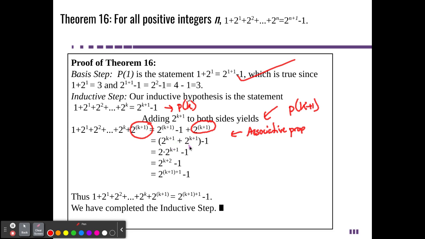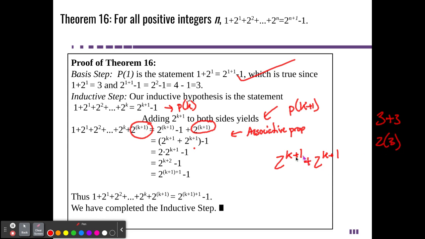So I was adding different things at different times, right? At that point come in our properties of exponents. If I look at the 2 to the K plus 1 plus 2 to the K plus 1, and simplify that, it's like if we had a 3 plus a 3, then we could say that's 2 times 3, because there's 2 of them.